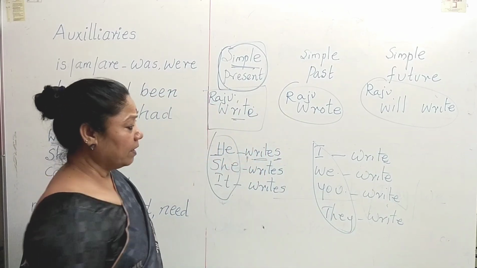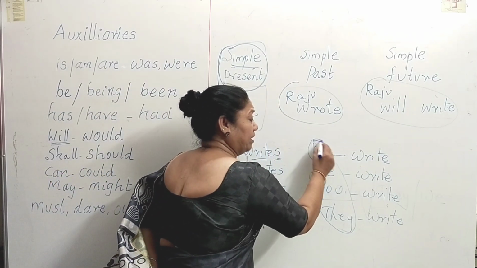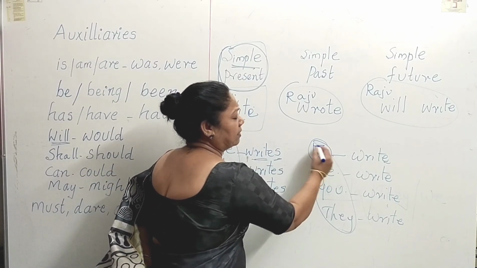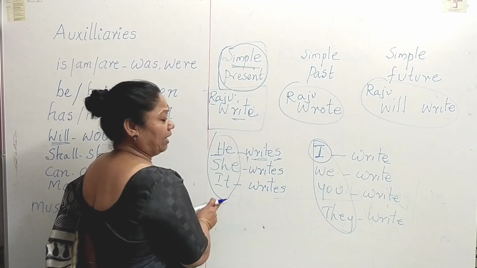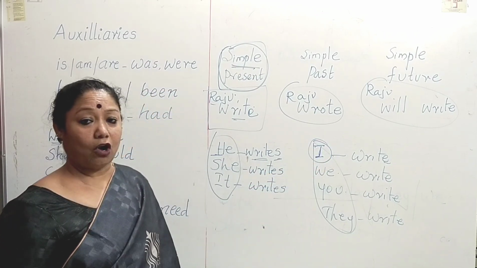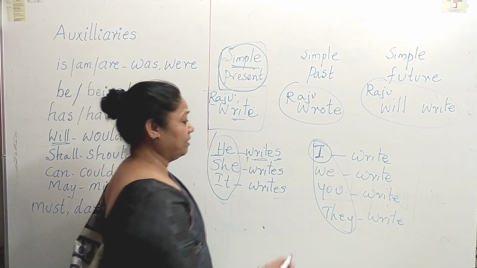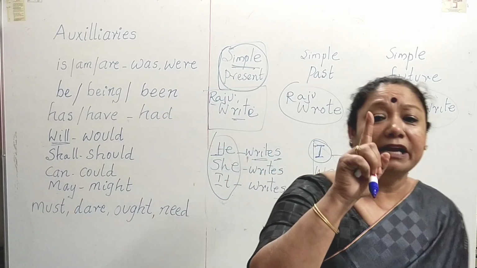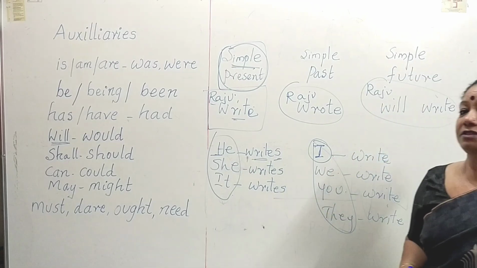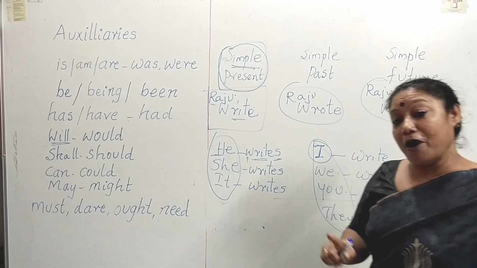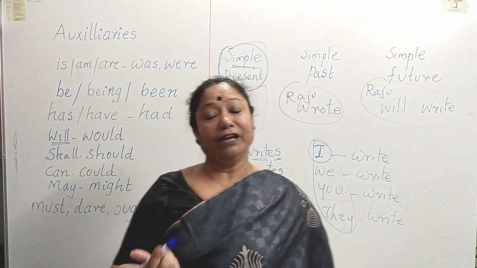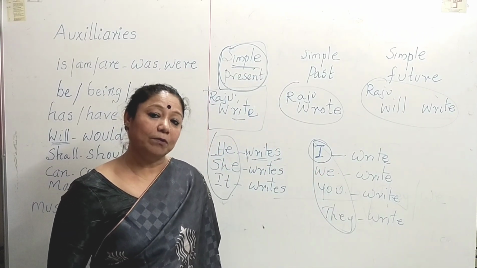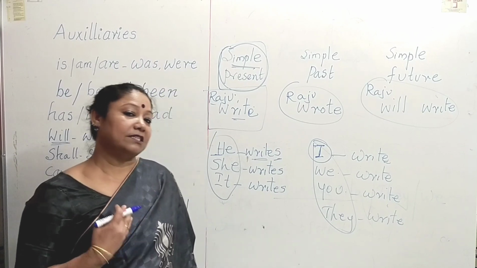This is the rule. Some of my students in the earlier days used to ask, ma'am, I is, though it is singular, why are you not putting I here? Why did you write it in this column? There's a point behind it. Though it is only one person, I has royal importance. The most important person in the world is I. If anybody asks you who is the most important person, you will have to tell I. I am the most important person because we all live for ourselves first.